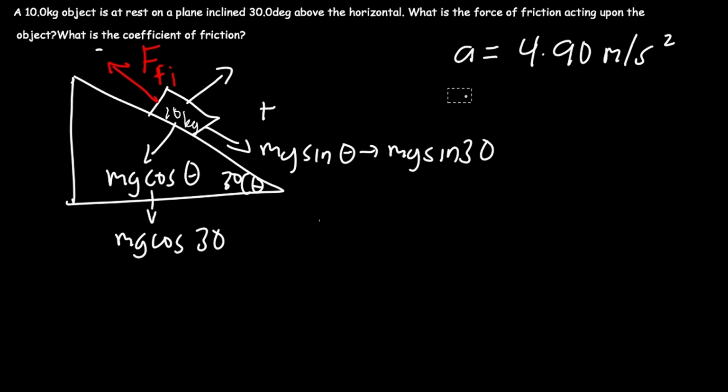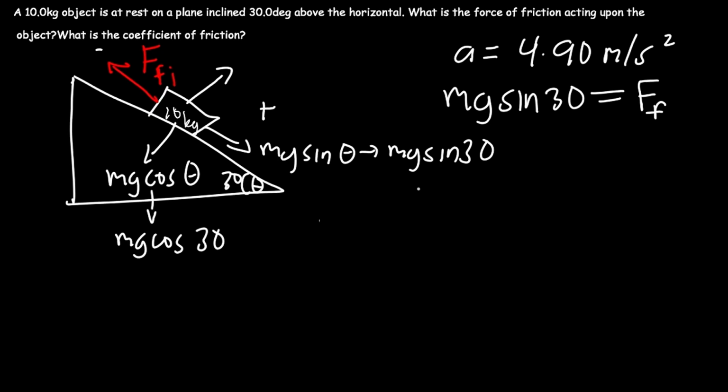So we can solve using that formula. So again, we have a formula of mg sine 30 is equals to Ff. Okay, so this is our formula. So let's give yung mga quantities na meron tayo.